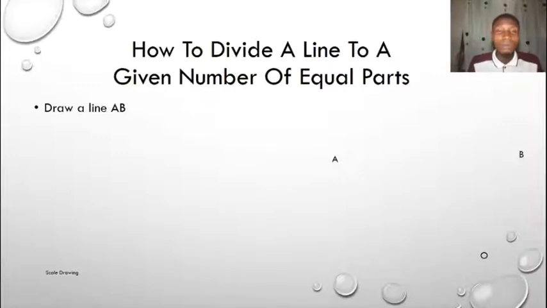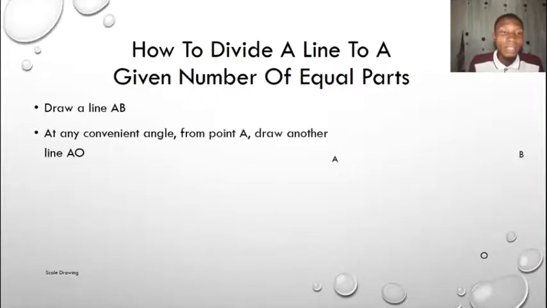So get a line, and let's say it's a line AB, with A and B as the two ends of the line. After drawing the line AB, the next is, at the point A with a convenient angle, draw another line AO. That's from A, you draw another line at a convenient angle to the line AB. So you draw another one, AO.